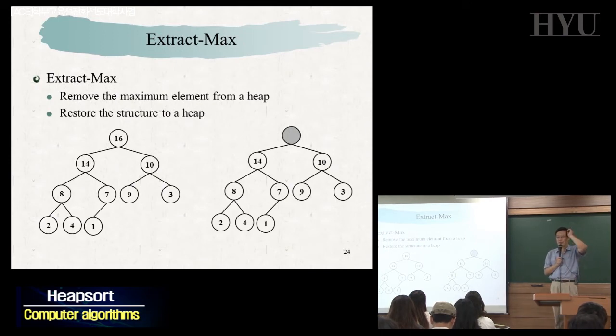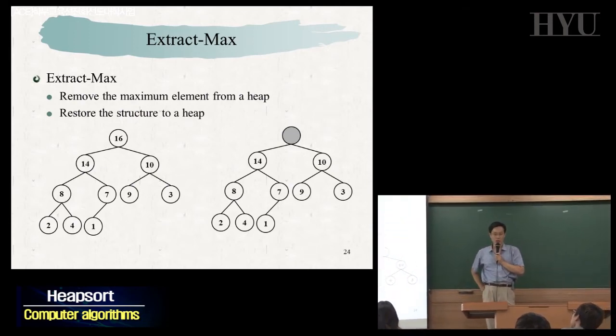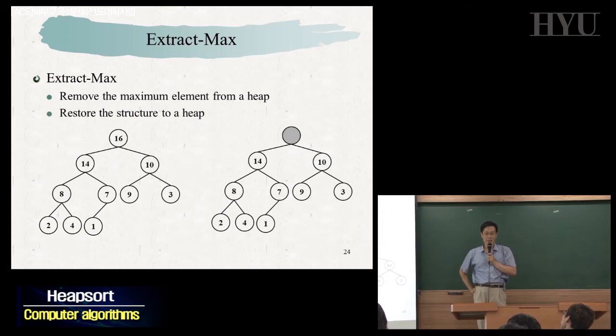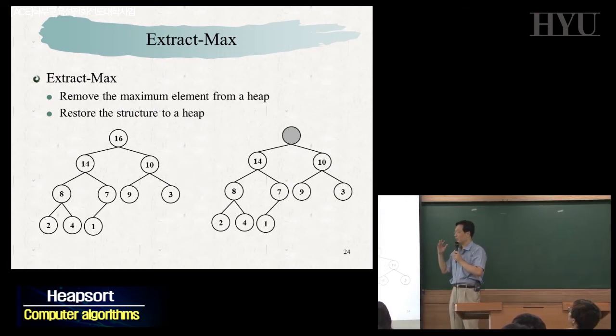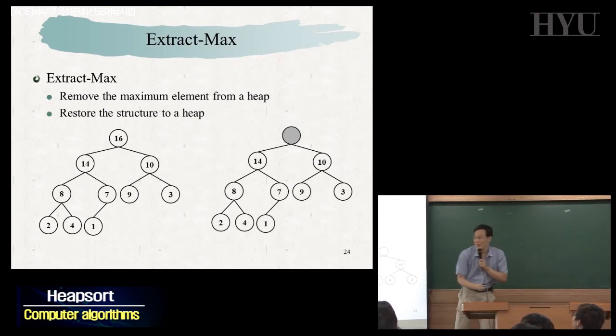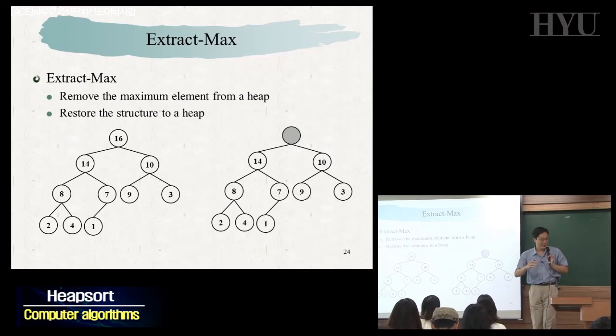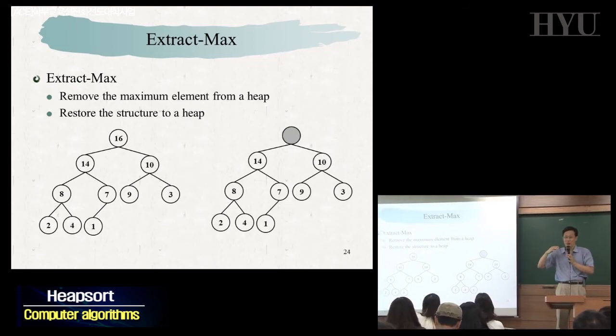Now it's time to explain another important procedure: extract max. The procedure extract max is to remove the maximum element from a heap. And it is very simple. In a max heap, the maximum element is stored in its root.